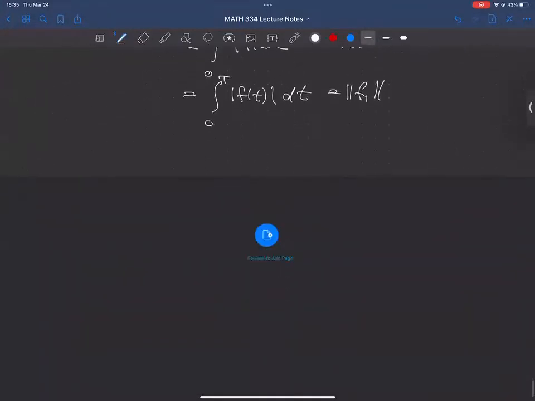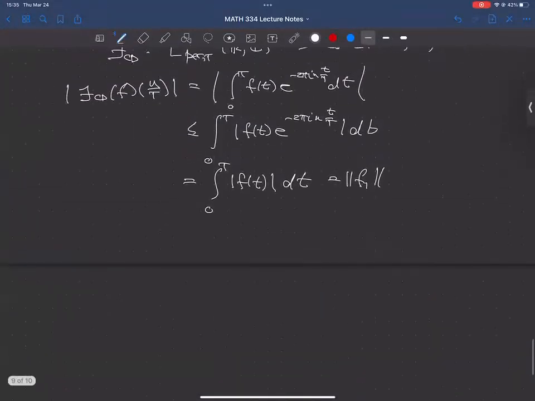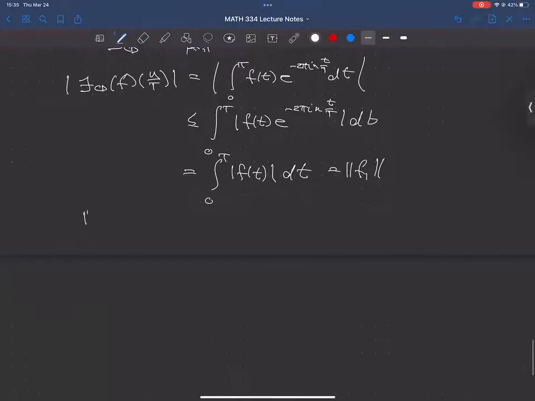Okay, so what this allows us to conclude is that the infinity norm of the CDFT of f is less than or equal to the 1 norm of f.